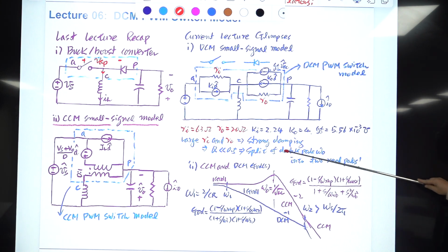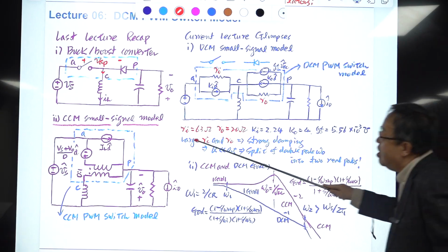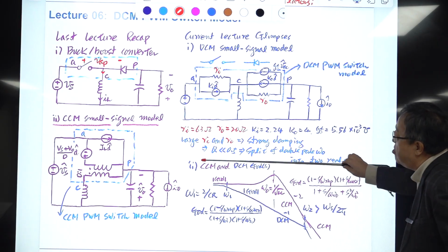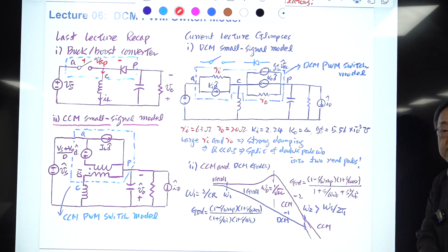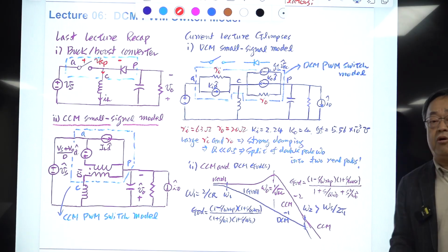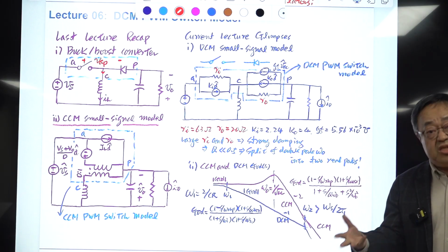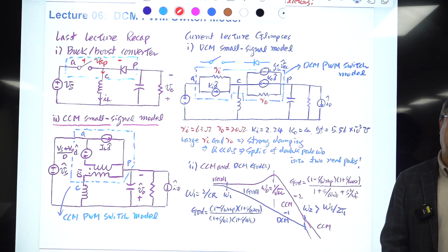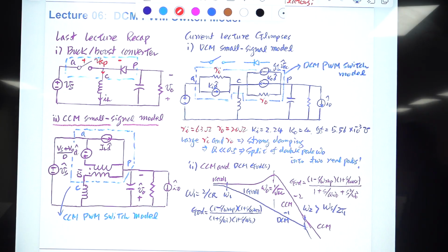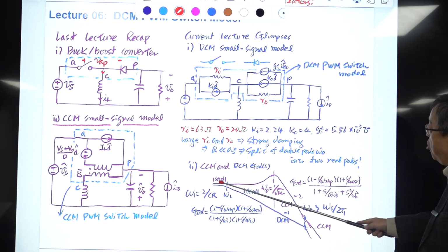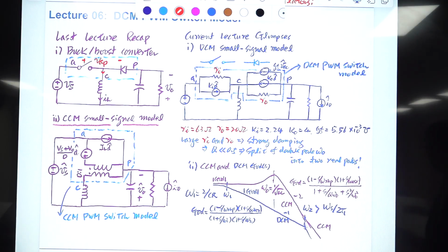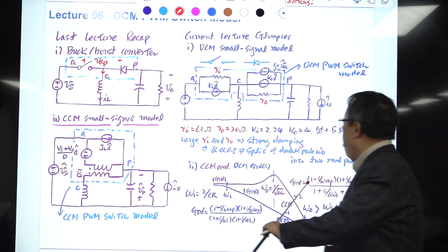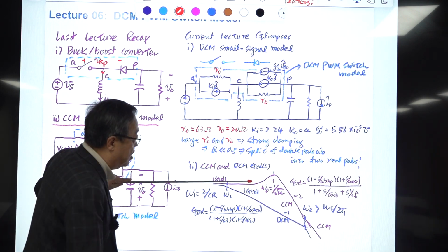This is the basic difference in this model, and this characteristic governs the dynamics of PWM converters in DCM operation, which is very different from those of CCM operation. For example, this is the duty ratio to output transfer function of some PWM converter. Any converter has similar characteristics. This purple color was the CCM characteristic.